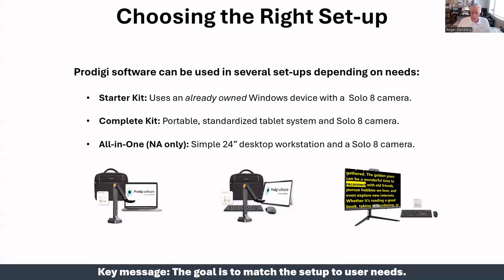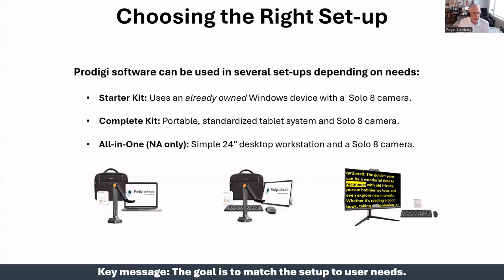This is where somebody already owns their own Windows device, because presently Prodigy is Windows-only software, and they already have a document camera that would be software only. The starter kit gives someone the software and a Solo 8 camera, which is the camera we've optimized Prodigy to function with, so that they have the tools they need to get started using their own Windows device.